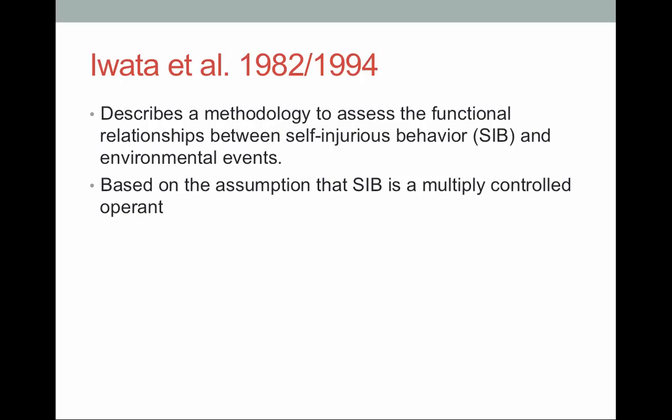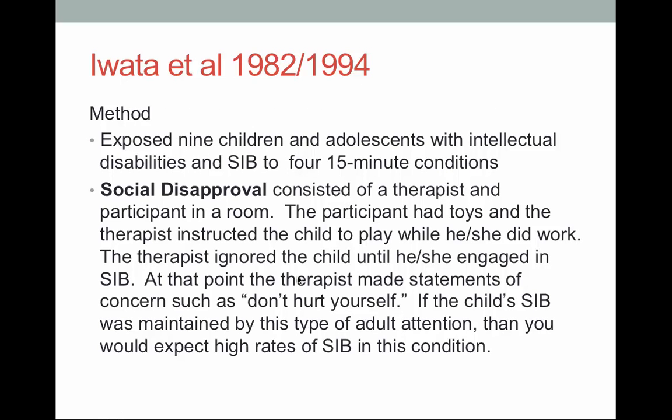All right. So basically what this article does is describe a methodology to assess the functional relationship between, in this case, self-injury and environmental events. So in this study, there were 9 participants.